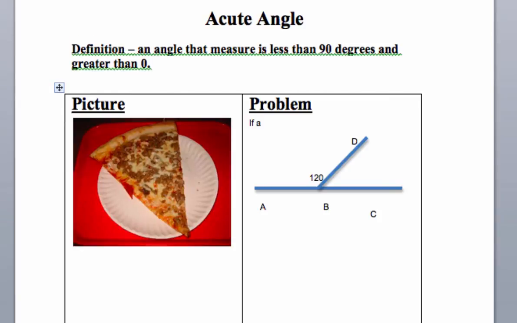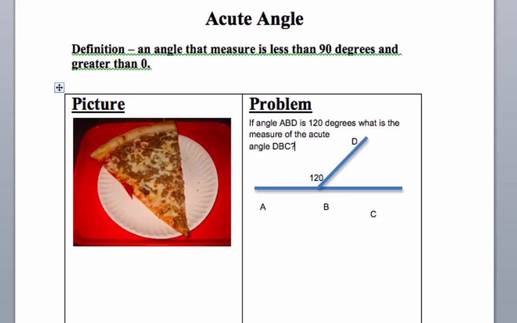Alright, if angle ABC or ABD is 120 degrees, what is the measure of the acute angle DBC?